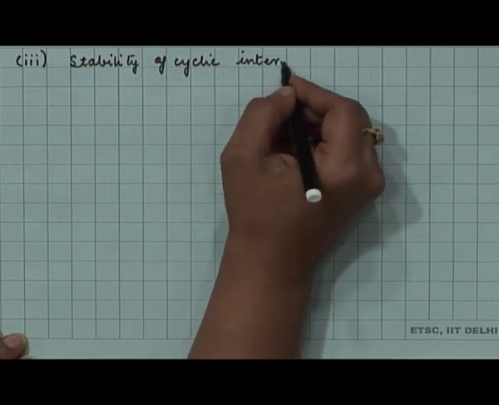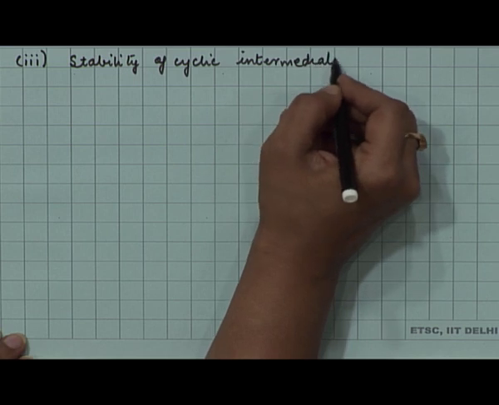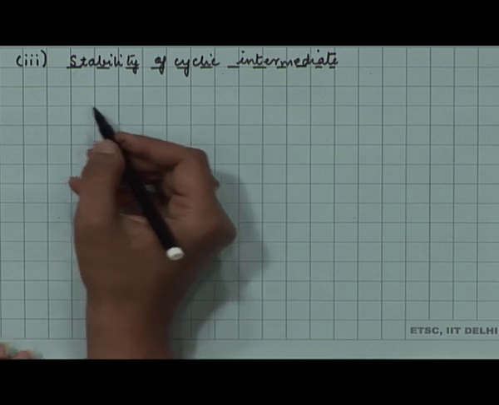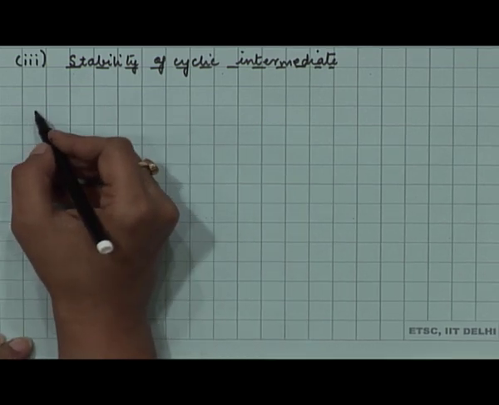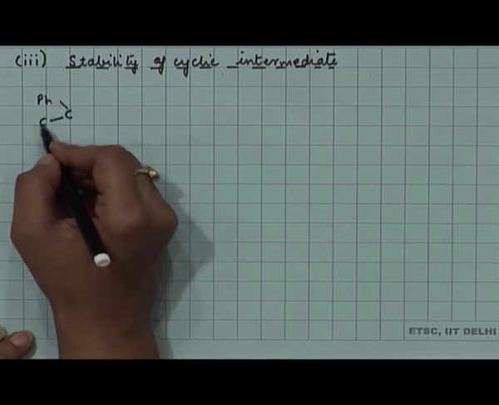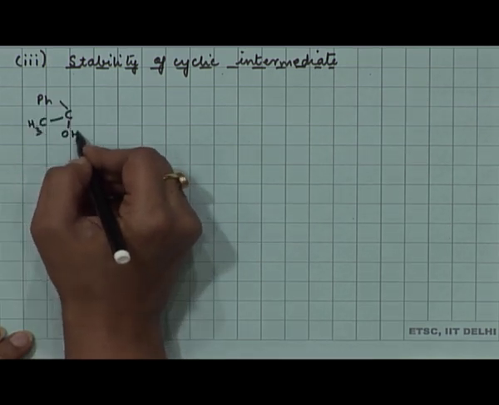So, we said that during the migration a cyclic intermediate, 3-membered, is getting formed. Depending upon the stability, the reaction draws its thermodynamics accordingly, that is, which one is going to form over the other.